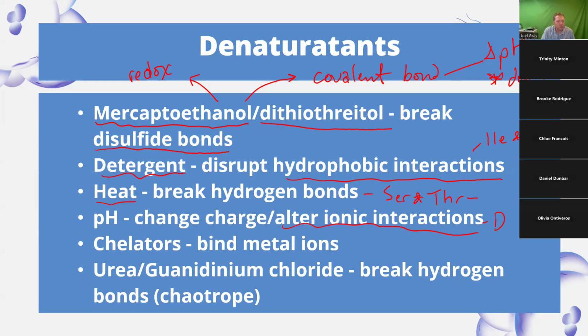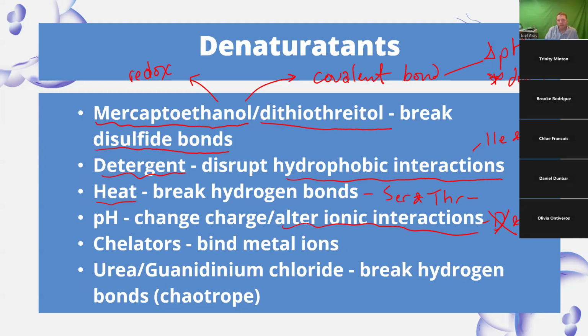So D for aspartic acid and R for arginine. Well, if you adjust the pH super low, aspartic acid isn't going to be deprotonated, and therefore it's not going to have a negative charge. So you're not going to have those charges that stabilize an interaction.